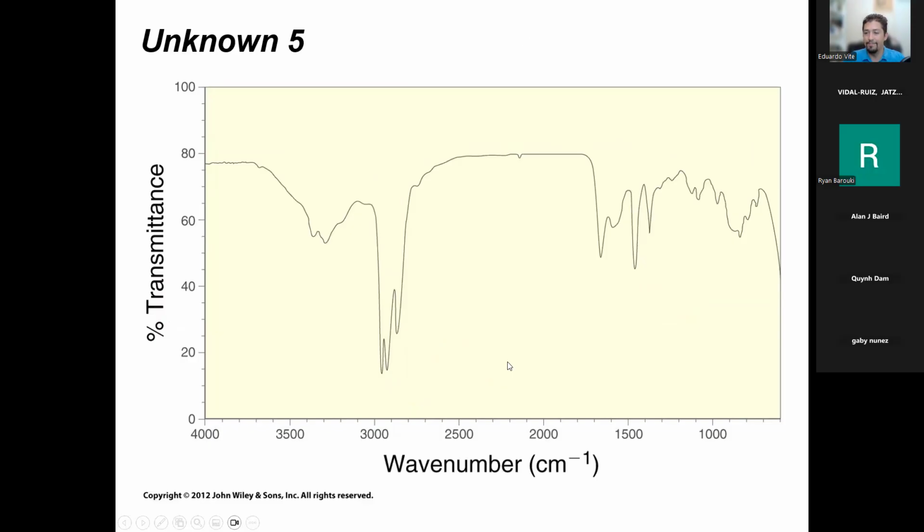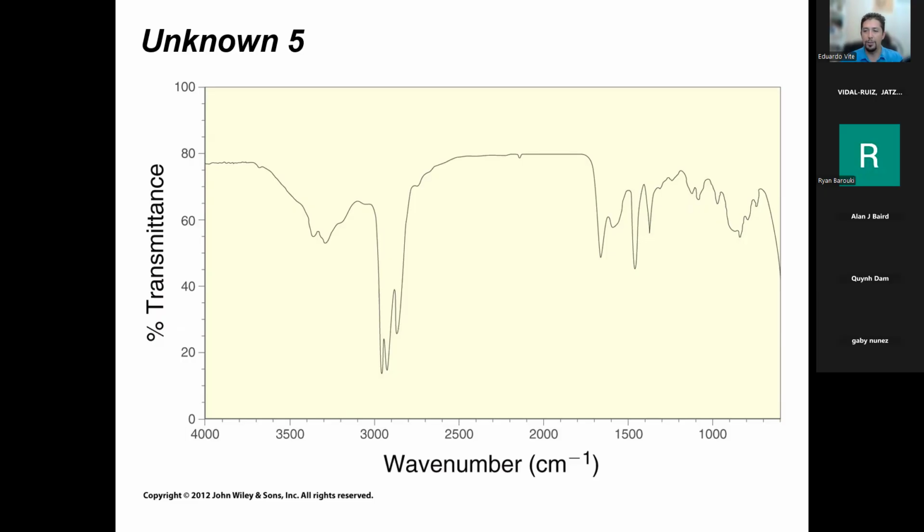What's this one? What do you see here? OH stretch at 3300. Primary amine at 3400. So it might be an OH, it might be an amine.